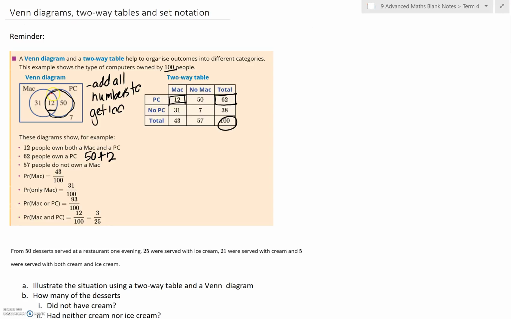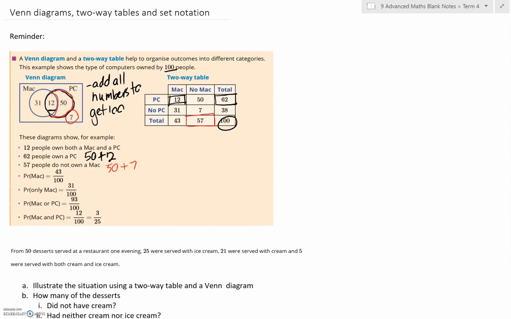So it's all of the ones that are only in the PC section, so not part of the Mac circle, plus it says 7 outside which don't own either a Mac or a PC. So that is the 50, which is PC only, plus the 7 that is there. And in the two-way table, that is the no Mac column that we're working with here, the total of that column.